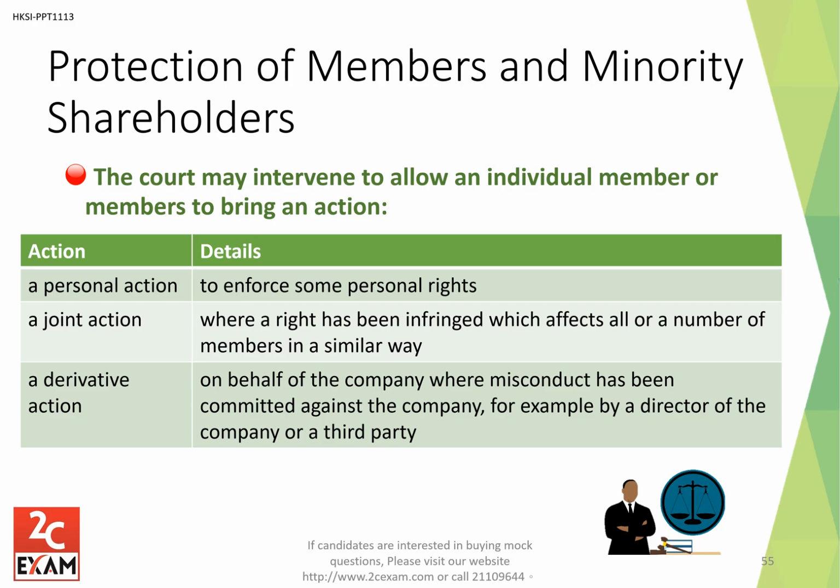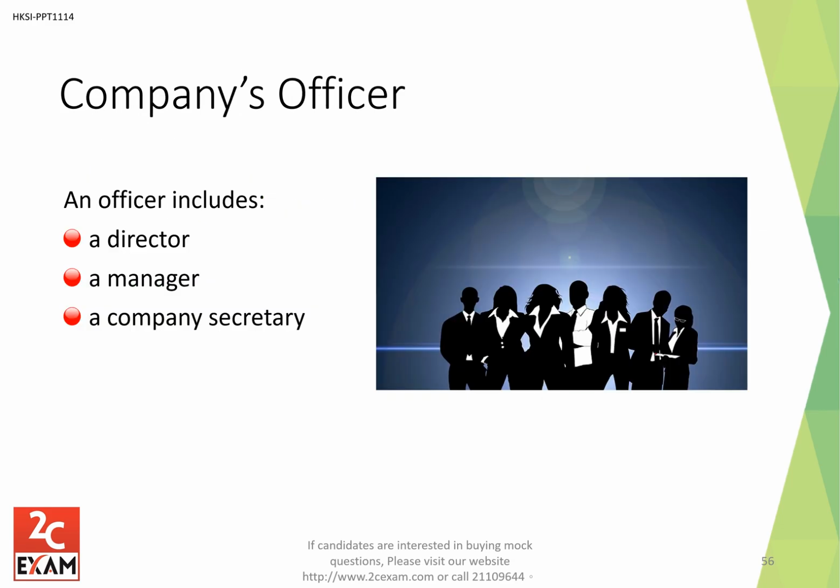There are several types of actions in this situation, including personal actions, which represent individual members suing the company, a joint action, where several members sue the company together, or if it is discovered that members representing the company, such as directors, have engaged in improper conduct against the company, we can also sue them, which falls under the category of a derivative action.